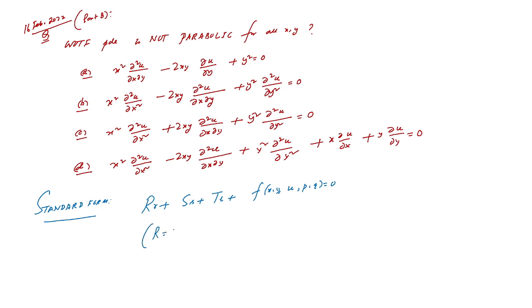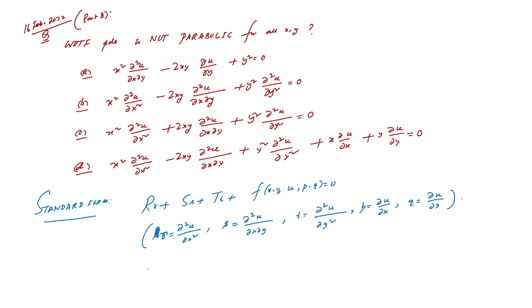You know what R is: r is del 2u del x square. Capital S is the coefficient and small s is del 2u del x del y. Small t is del 2u del y square. p is del u del x and q is del u del y.